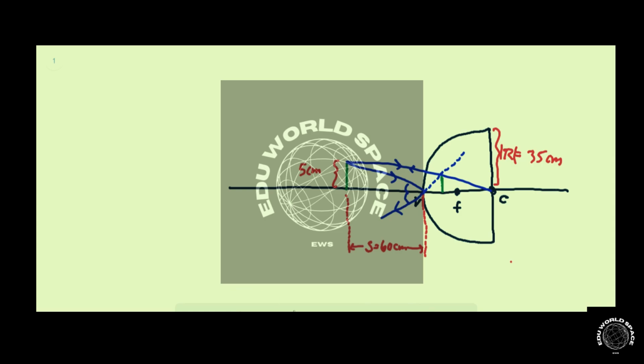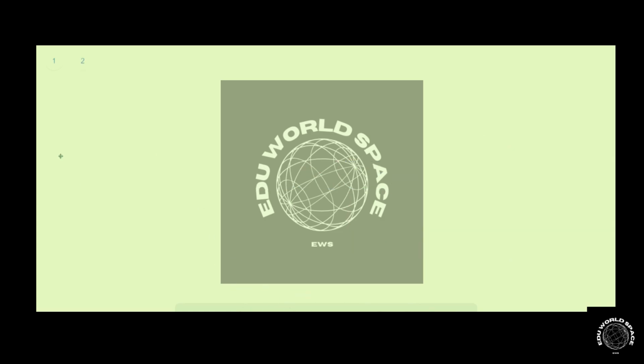And now we'll do the actual computation. So let's get to the next page. We'll use equation 34.6, which tells us that 1 over s, where s is the distance of your nose to the bottom of the bowl, plus 1 over s prime, and s prime is the distance from the bottom of the bowl to the image of your nose that's formed in the reflective surface of the bowl.